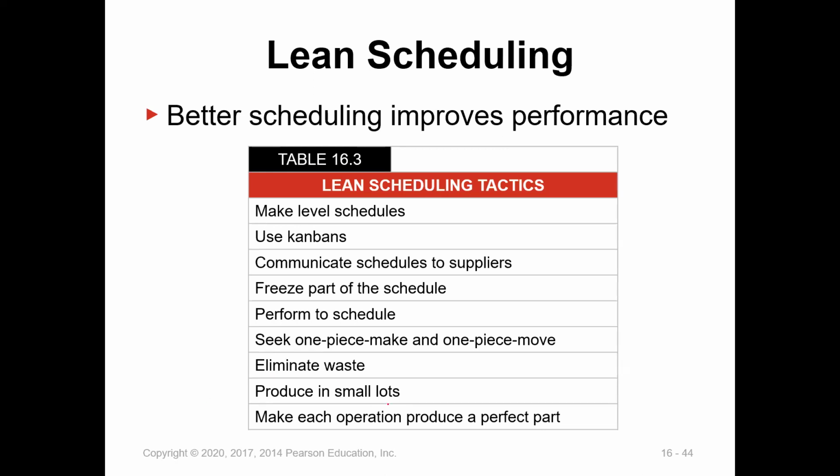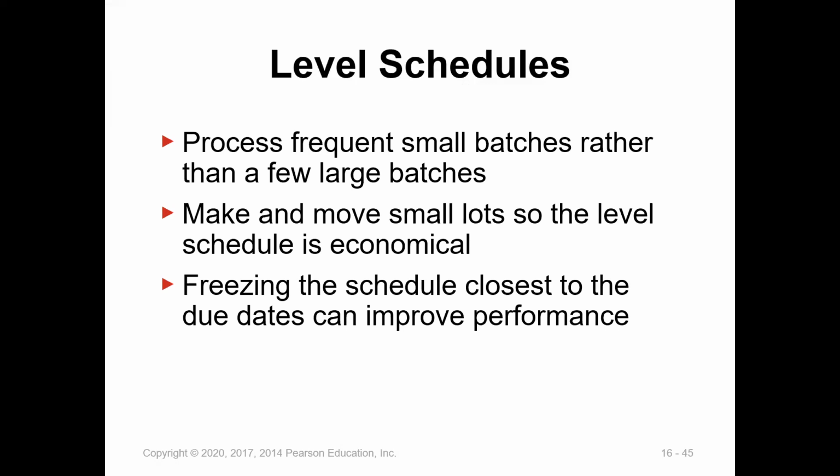Eliminate waste, produce small lots, make each operation produce a perfect part. Perfect part means no waste, no defects. Okay, that's the meaning of that. And we mentioned that before.